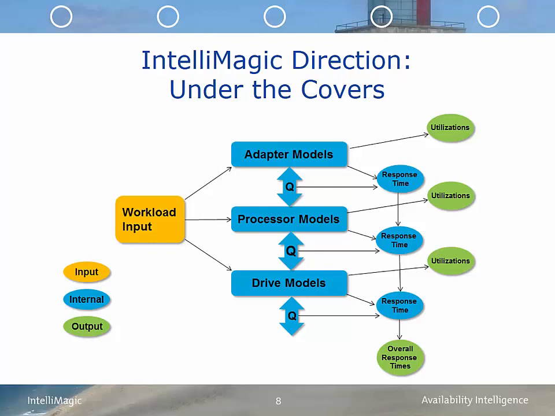Externally, we will report the utilizations, which is essentially how busy the different components are. So how busy the adapter, the processor, and the drive configurations. The individual models for adapter, processor, and drive will have individual average response times, and the sum of those things can be accumulated to provide an overall response time. This, in essence, covers the Direction product or modeling product at a high level abstraction.